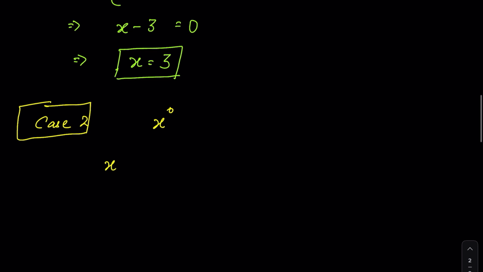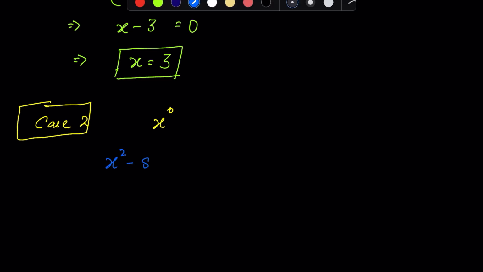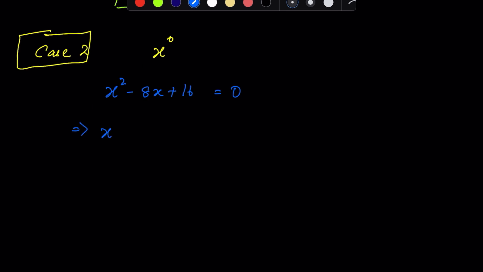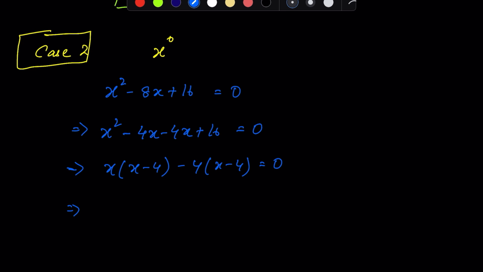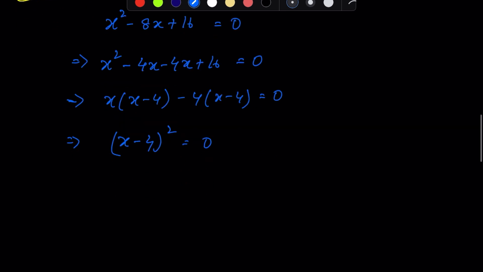So x² − 8x + 16 equals 0, or x² − 4x − 4x + 16 equals 0, or x(x − 4) − 4(x − 4) equals 0. So this is equal to (x − 4)², or x equals 4. So in that case, we have x equals 4.